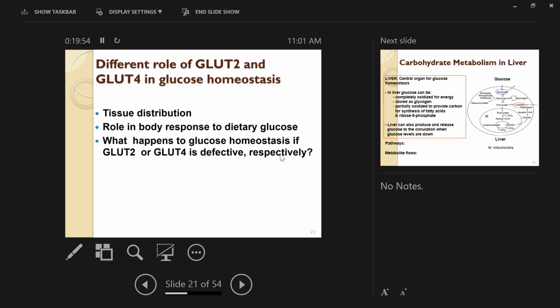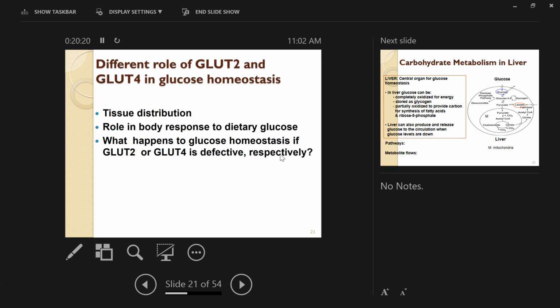So if somehow the patient's beta cell does not express high enough GLUT2, what will happen to the blood glucose level after a meal? It's up, right? But how? What about insulin?